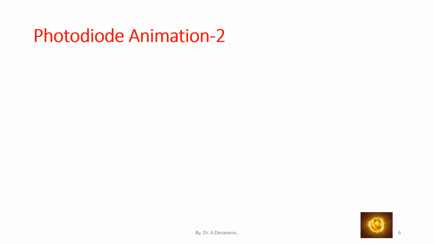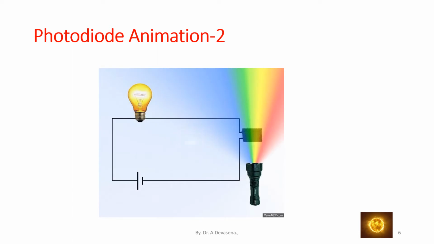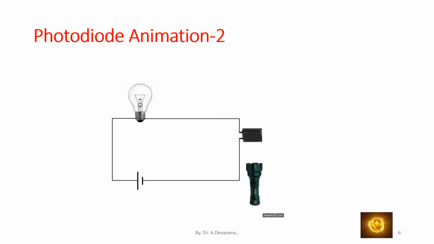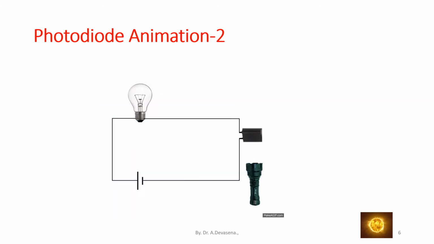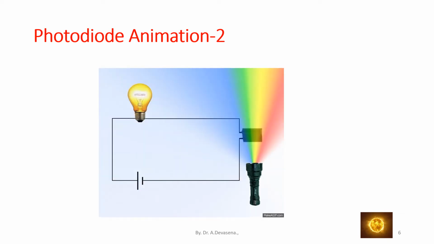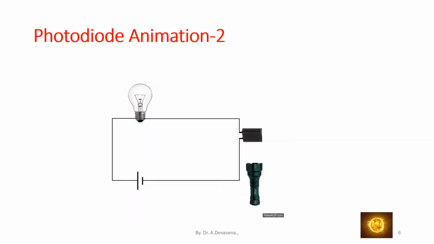Let us see another animation of photodiode function. Here is a representation. In this representation, the photodiode is connected to a bulb and the other end of the bulb is connected to the battery. Here we will be having a torchlight. The torchlight generates the light, visible light. This visible light is falling over the photodiode.